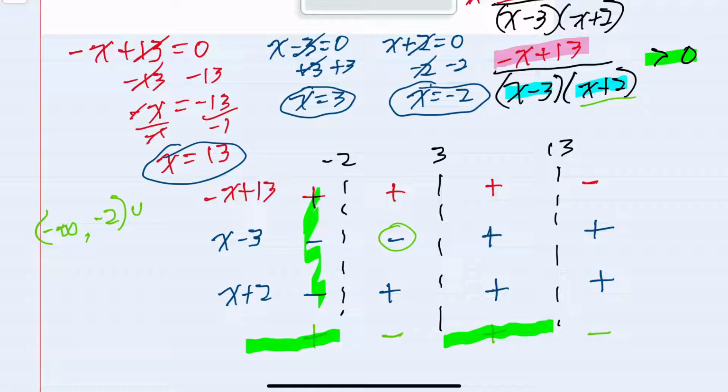And then the second region here is 3 to 13. I'm also excluding both of those endpoints, both because there's no equal sign is why I'm excluding the 13. And even if there were, I would still exclude the 3 since that would give me a 0 in the denominator for this factor. So my solution area is described here.